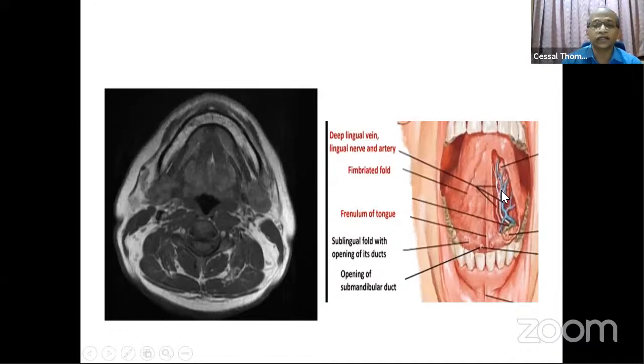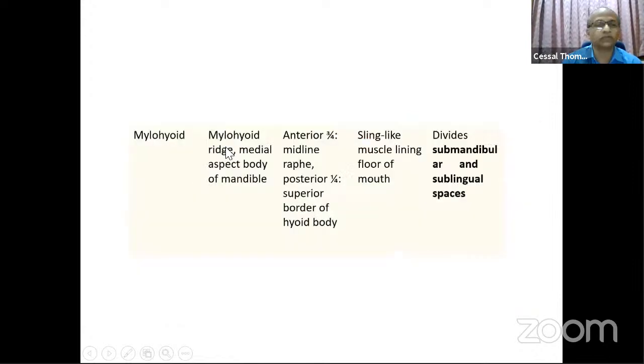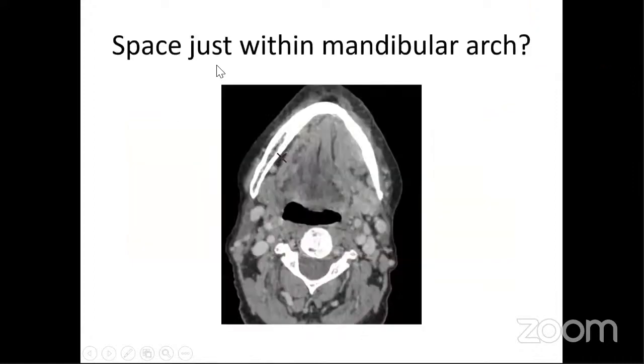These are the main contents. Part of the fibers of the hyoglossus muscle are also in the sublingual space. Another structure is Wharton's duct, which comes from the submandibular gland, also in the sublingual space. And the mylohyoid we just discussed.